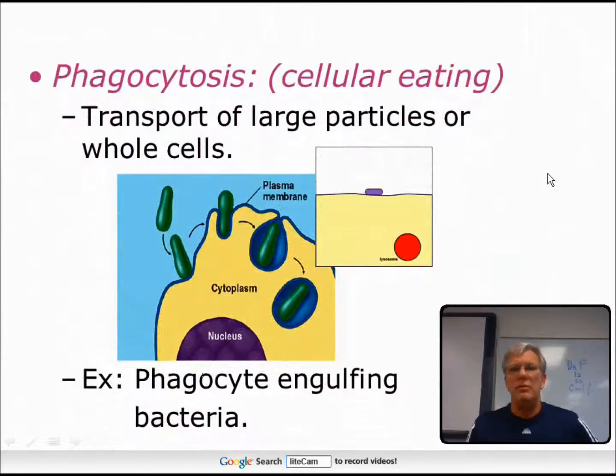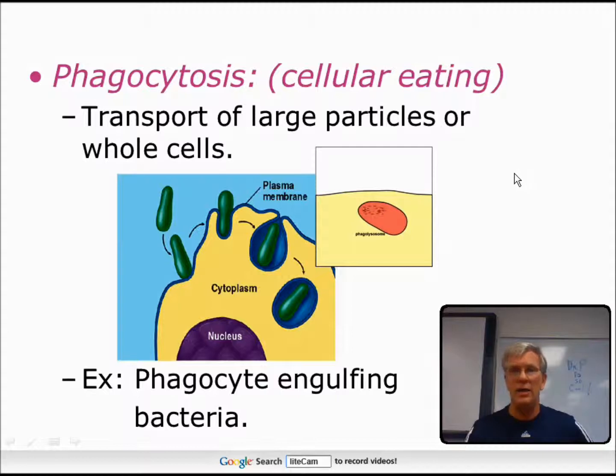The second type of endocytosis is referred to as phagocytosis, or cellular eating. This is where larger particles are brought into the cell by the same process where the cell membrane invaginates, pinches off, and forms a vacuole. There are cells in our body that are referred to as phagocytes, such as our white blood cells.